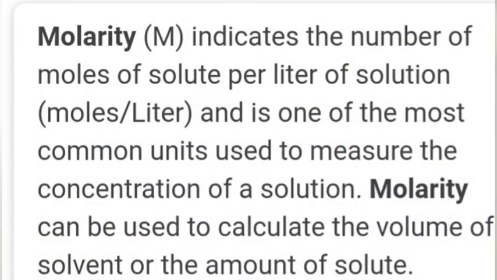The second concentration term which is commonly used is molarity. Molarity is defined as the number of moles of the solute present in 1 liter of the solution.